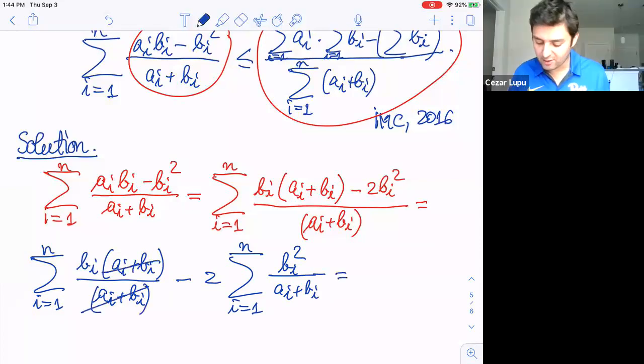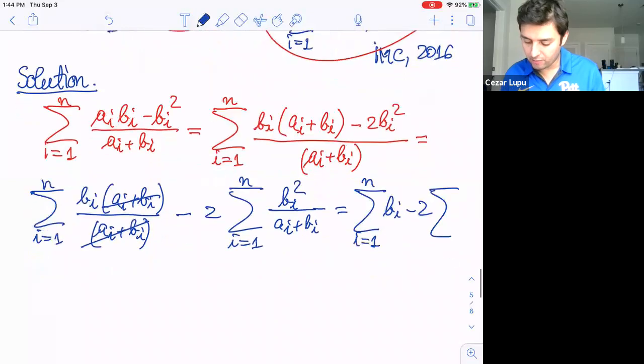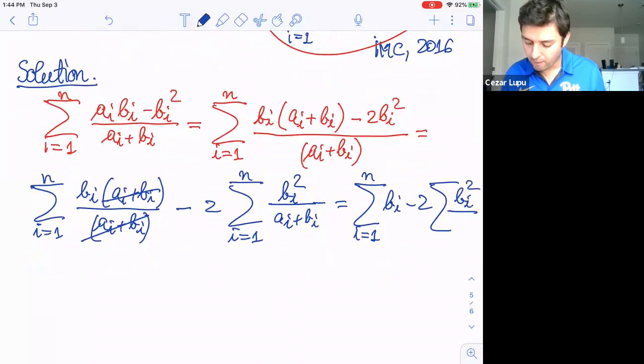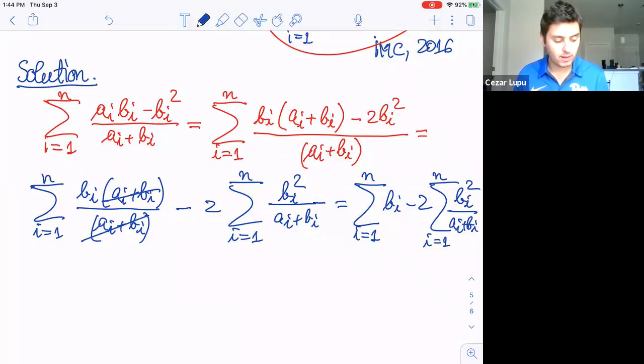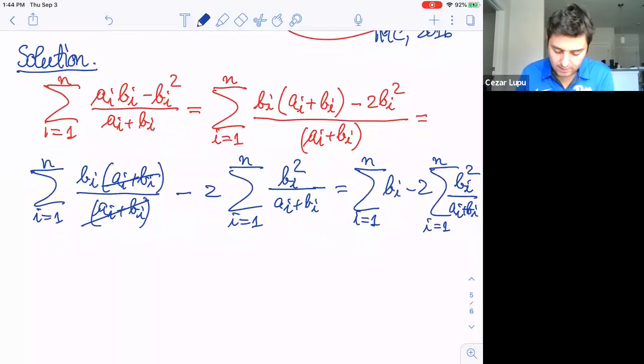This is nothing else than just the sum of b_i minus 2 times the sum of b_i squared over a_i plus b_i, right? Okay, so I managed to write the left-hand side. Now let's do the right-hand side.